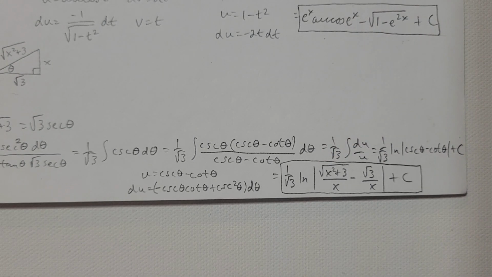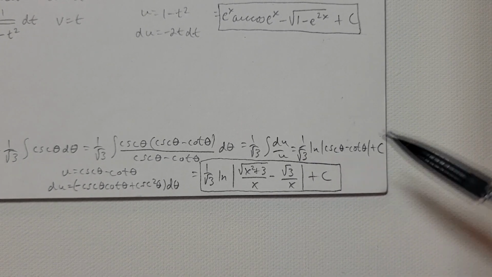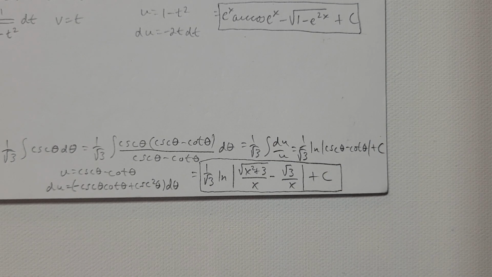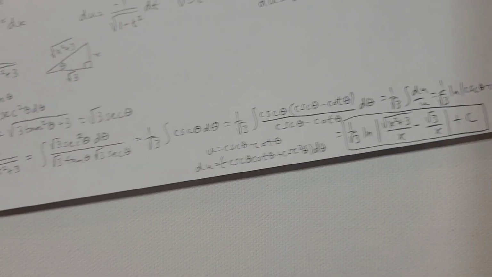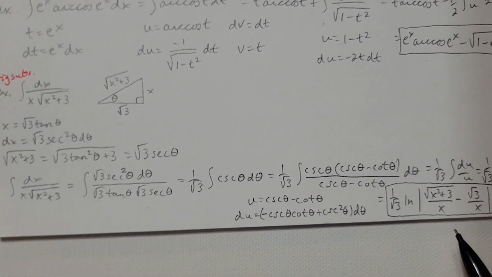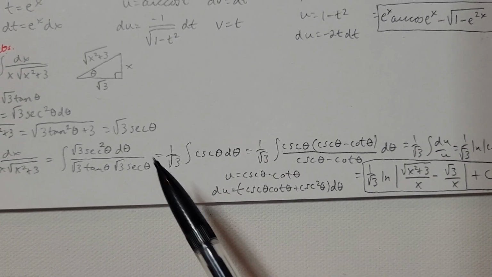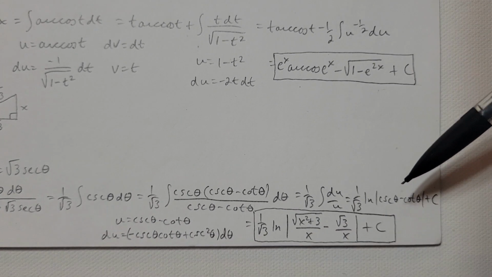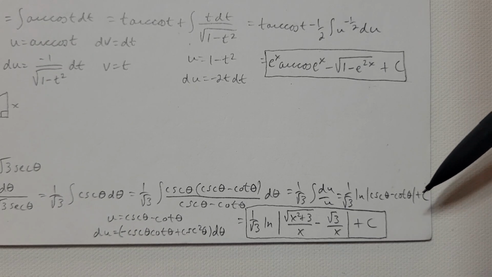Okay, so I'm going to be integrating 1 over u du, which is the ln of the absolute value of u. u is cosecant theta minus cotangent theta. So when I replace cosecant theta with things involving x and cotangent theta with things involving x, cosecant theta is hypotenuse over opposite.